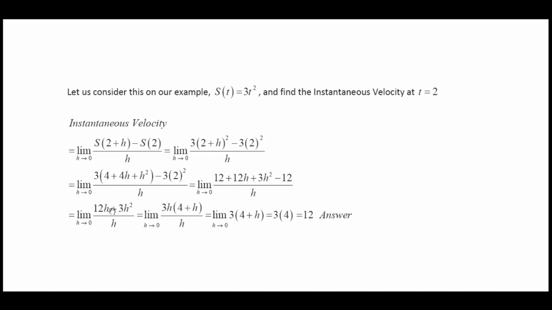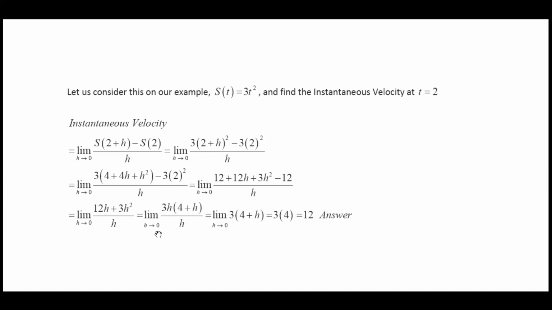And now we notice that each of these terms has an h in it. So can we not factor out an h? And 3 is a factor of 12 and 3, so let's factor out of this expression 3h. When we do, we get 3h times 4 plus h, over h. Now we still have a problem in here. We can't substitute 0 for h because h is in the denominator and it's 0, and that can't be.